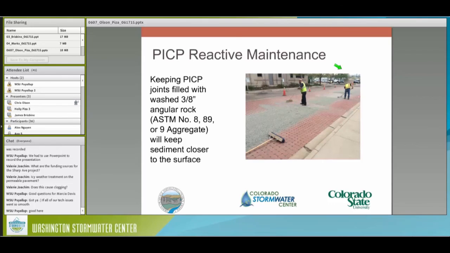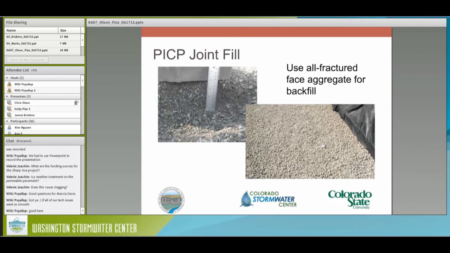That just allowed the sediment to migrate and get trapped at a deeper depth that those methods could not remove it from. So this is a really important periodic maintenance consideration so that you may be able to use those other methods, the regen air vacuum and the vacuum hydro scrubber, to maintain PICP more periodically and not let it get to the point of reactive maintenance.